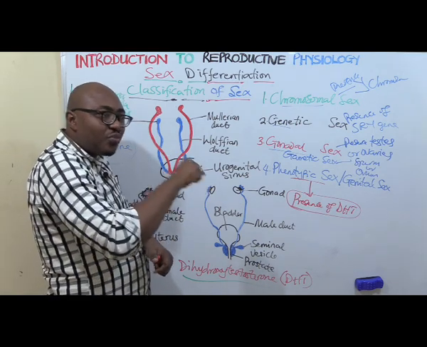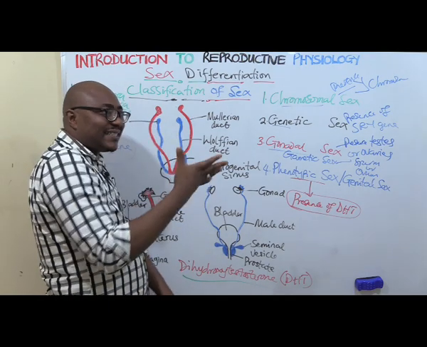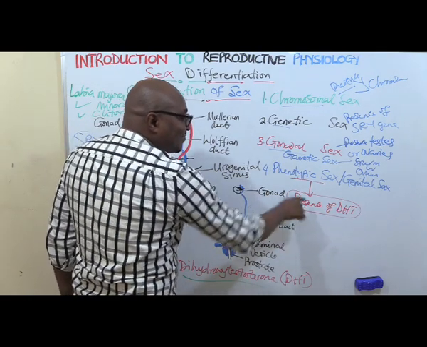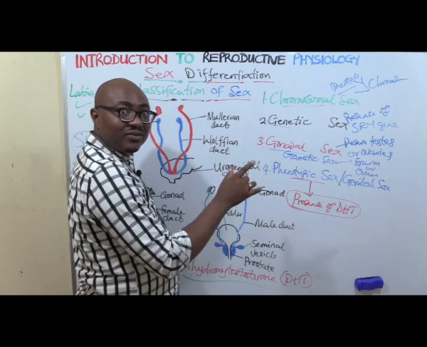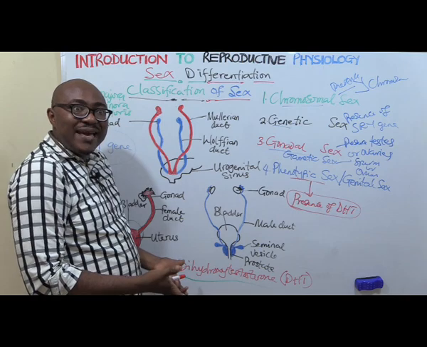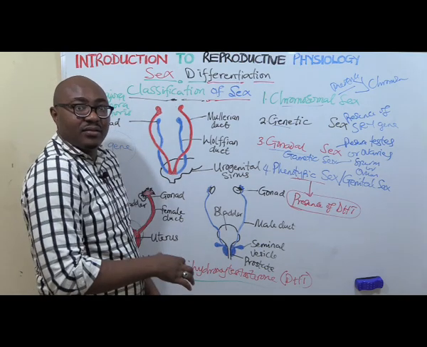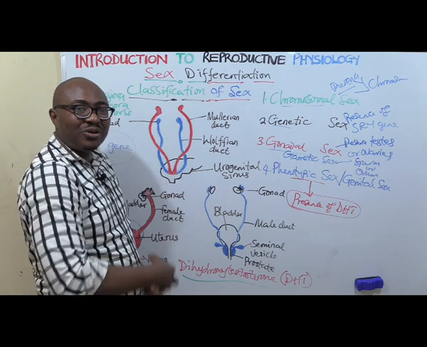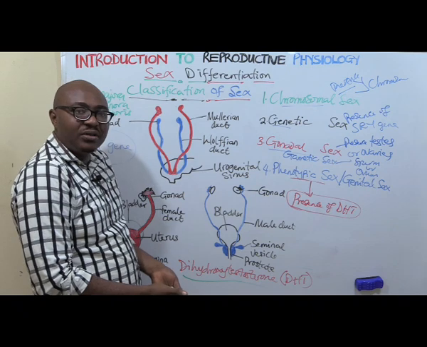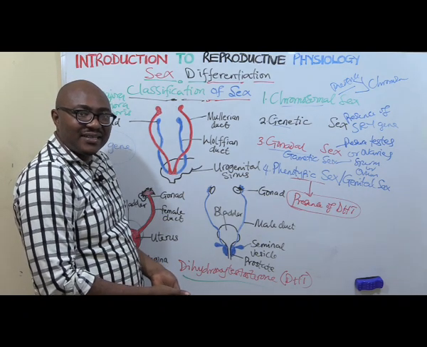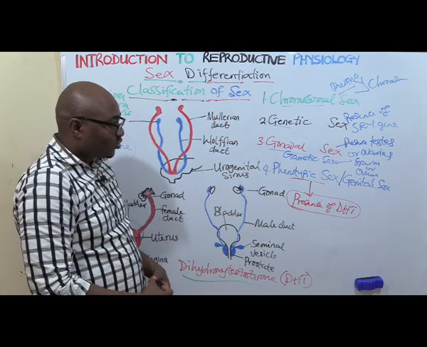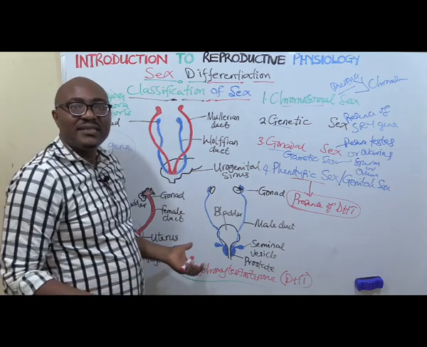So if there's a tumor there producing excess androgens in the female, the body can convert testosterone, an androgen produced from the zona reticularis of the adrenal gland, to DHT, and the person will develop male external genitalia. Everything else is female, but because of that excess androgens, the person can later develop male external genitalia. So the person is female genetically, chromosomally, and all of that, but externally, people would think the person is male.